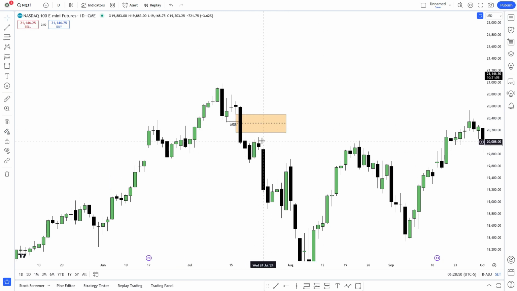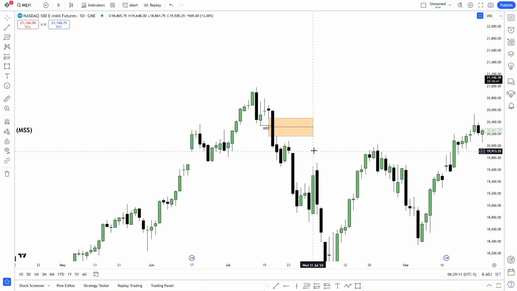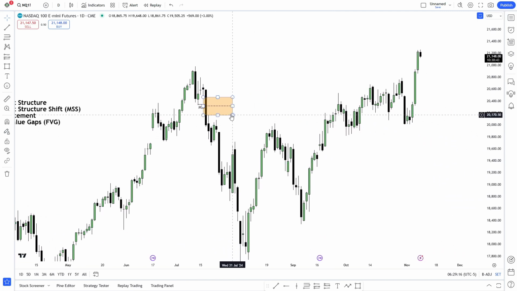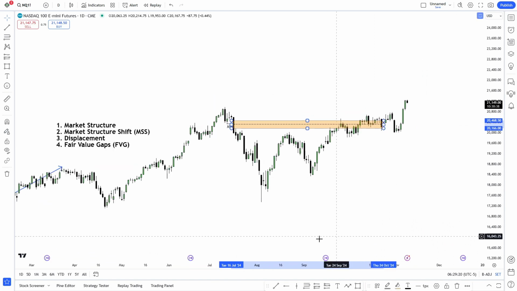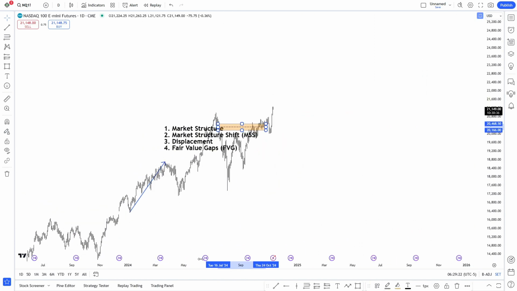Now fair value gaps are important for many reasons, such as entries and targeting purposes. So I'll show you how we would use that. On this occasion, we did not get filled into this fair value gap right there, but then if you look at a later time here, we didn't use an entry because overall we're in a bullish market structure.